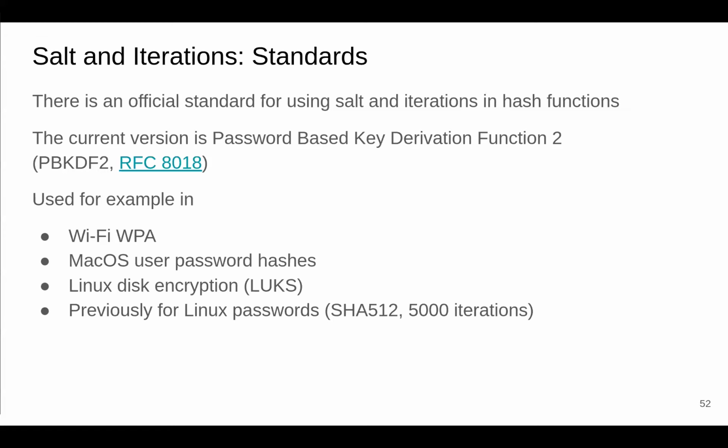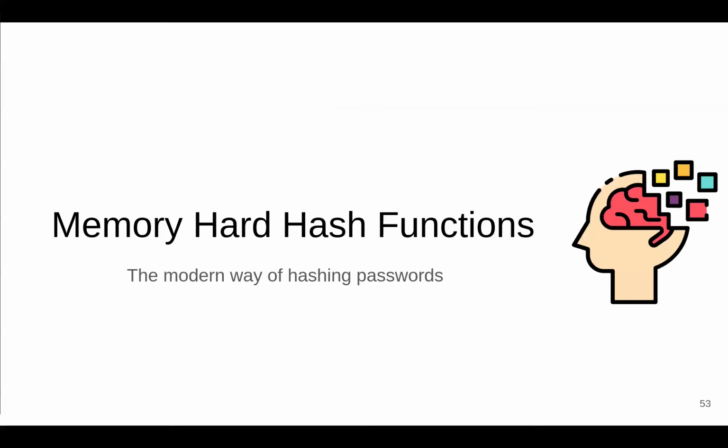That's good, right? So it slows down, but with exponential increase in compute, this is going to become a bit more difficult to run. An alternative to just adding additional iterations are so-called memory hard hash functions, which instead of making it hard on compute, make it hard on memory by using a lot of additional memory.